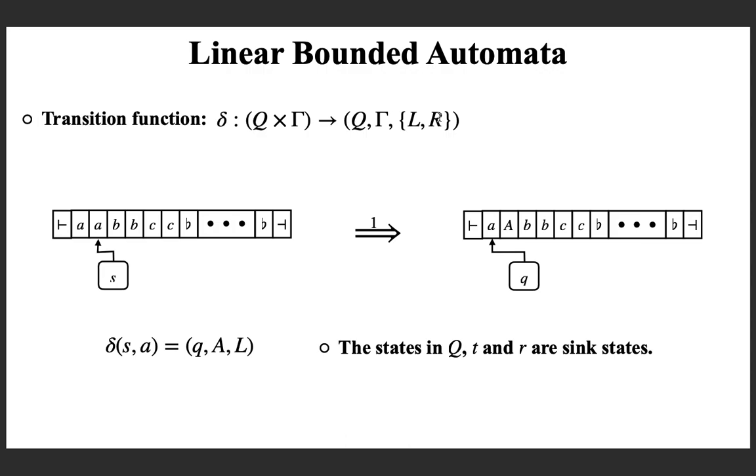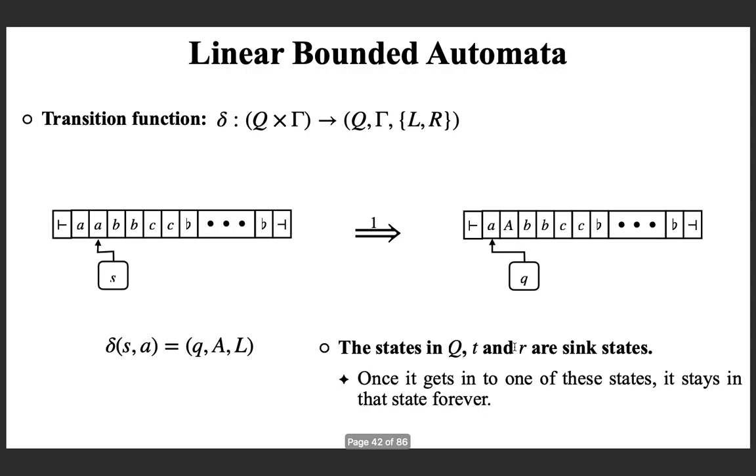And one thing that I am introducing here is the states in Q, T and R, that we learned when we discussed linear bounded automata. T is the unique accept state and R is the unique reject state. They are sink states in the sense that once the automaton gets into one of these states, it stays in that state forever.